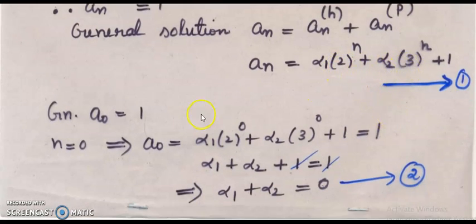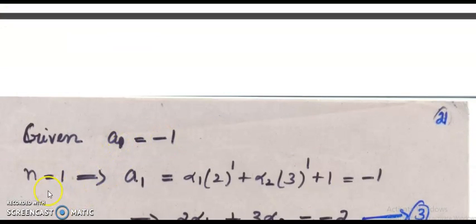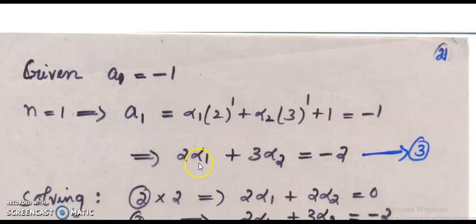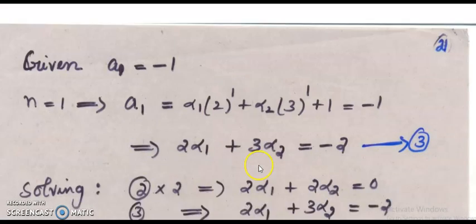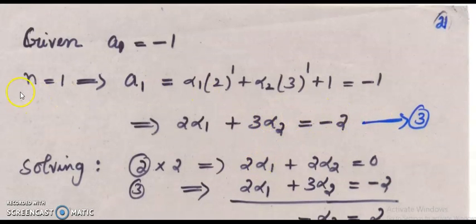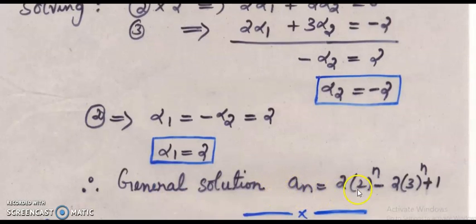When a0 is 1, n is equal to 0, you get an equation. When a1 is minus 1, that is n is 1, here also you get an equation. You get equation 2 and equation 3. Then solving, you get alpha 1 and alpha 2. Substitute them in the general solution to get the answer. This gives the solution.